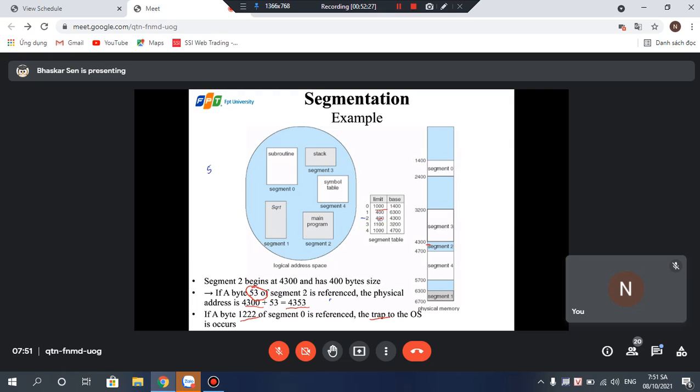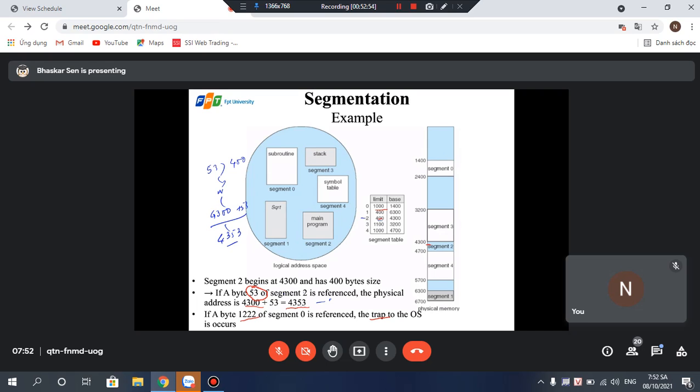Is 53 greater than 400? No. So calculate. What is the starting point? Base value 4300, 4300 plus 53. So the physical address is 4353. Not difficult.